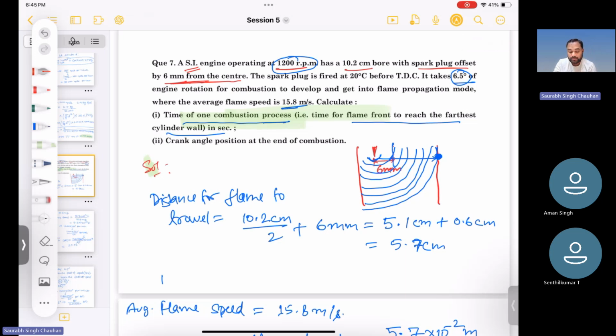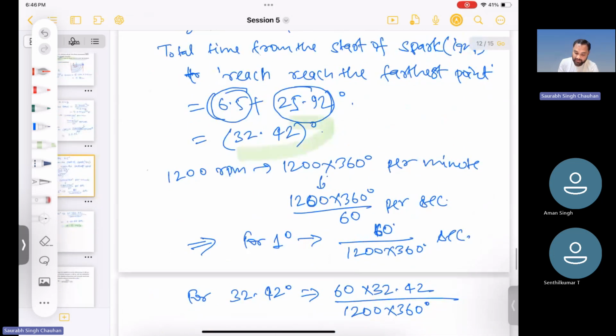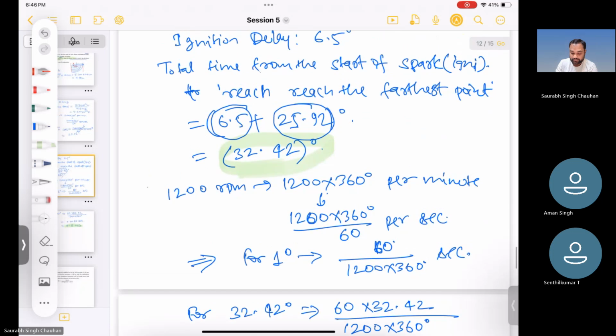Then there is some delay of 6.5 degrees for the flame to develop, right? Now the flame is developed. Now it will take some time to reach the farthest point. So the total time from the firing of the spark plug to the point when it reaches the farthest point, we have already found, right? This is 32.42 degrees, right?